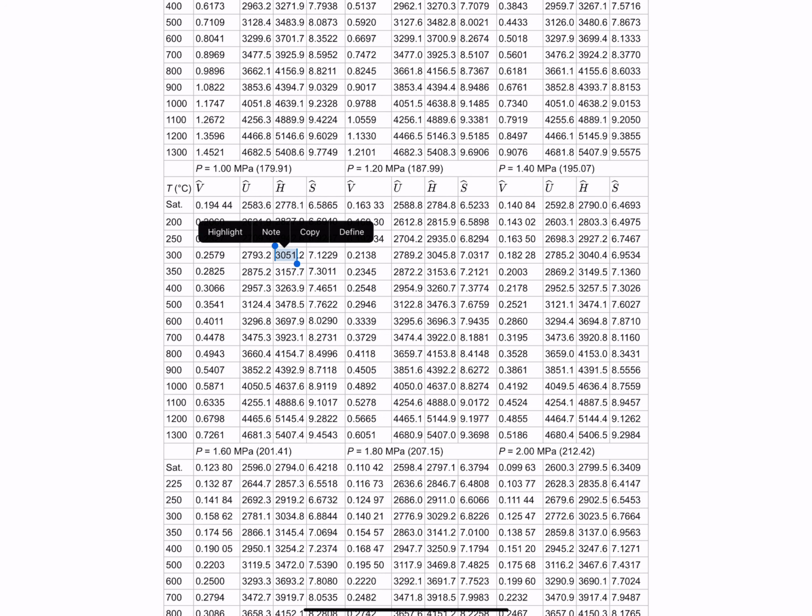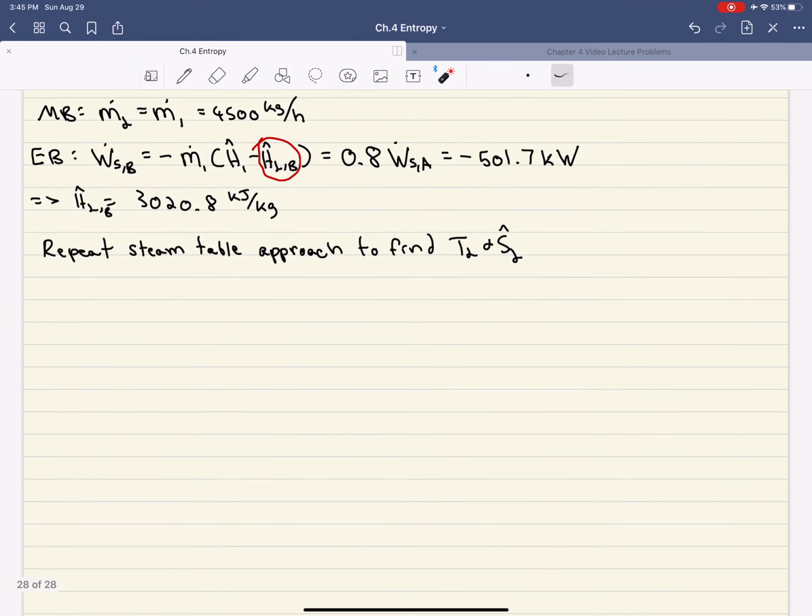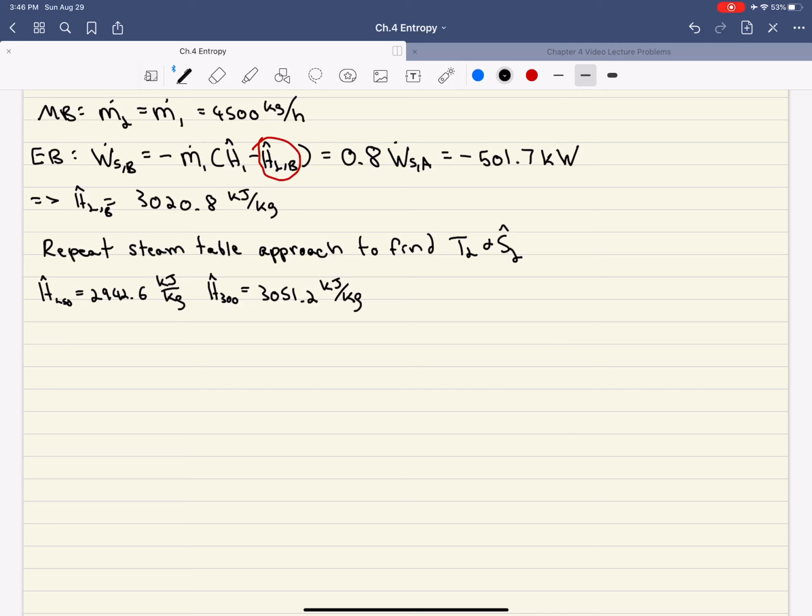So we're going to interpolate across the 250 and 300 temperature values. Here we write down that H hat 250 is equal to 2942.6 kilojoules per kilogram, and H300 is 3051.2 kilojoules per kilogram. And we interpolate.